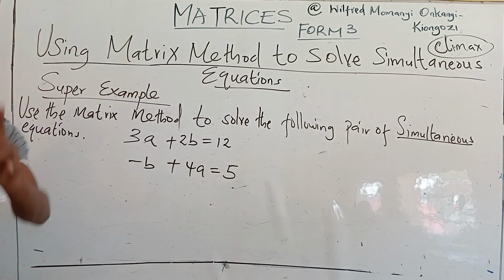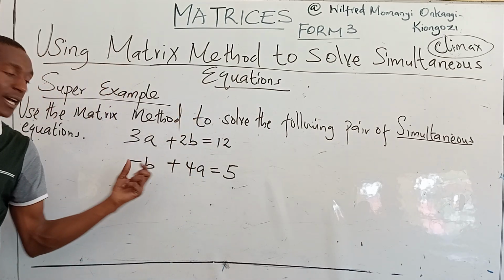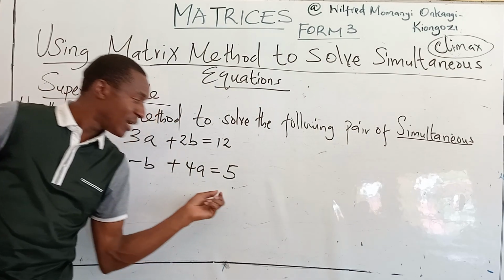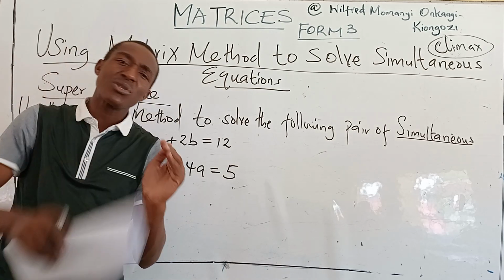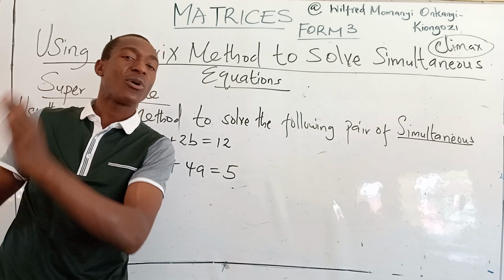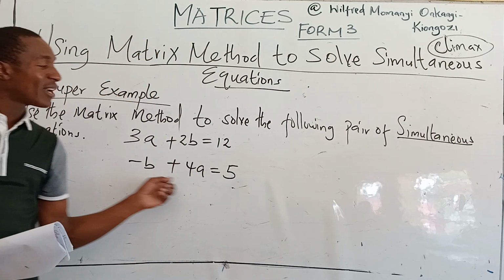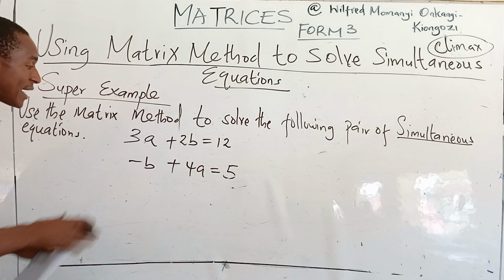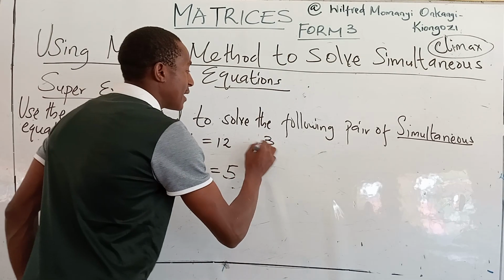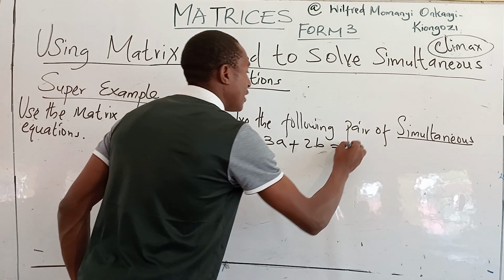The reason why I have confused the positioning of a and b in the second one is because you will find equations where x and y are not in the same order. So what happens is you first of all arrange it properly so that you can have them arranged in the same order. So this is 3a plus 2b is equal to 12.